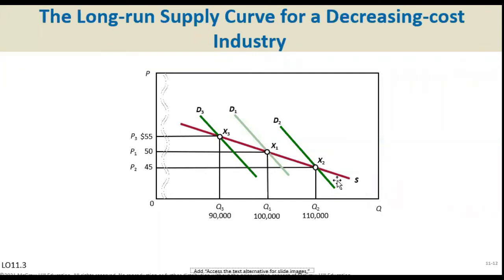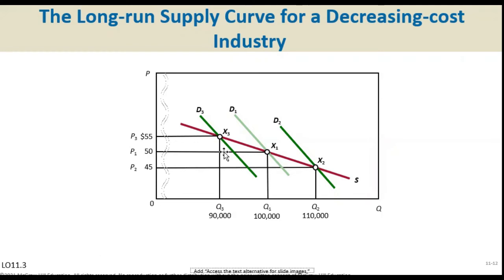In this industry, the entry of new firms in response to an increase in demand, D3 to D1 to D2, will lead to a decrease in output prices. So you see the output prices decreasing from 55 to 50 to 45, and consequently a decrease in the unit cost as well.